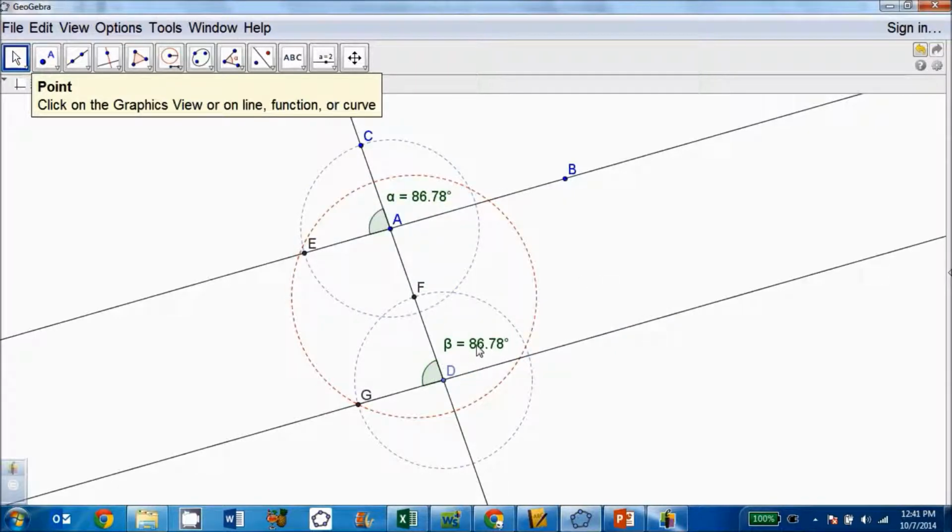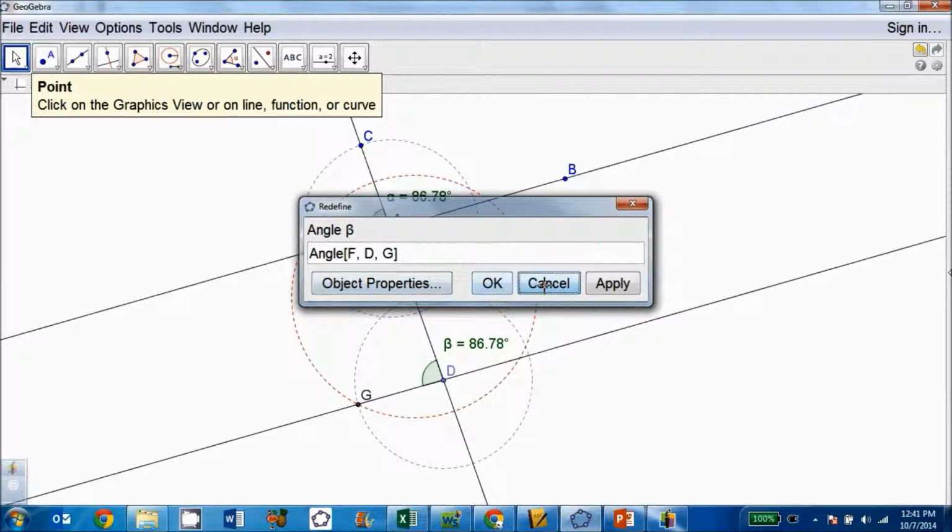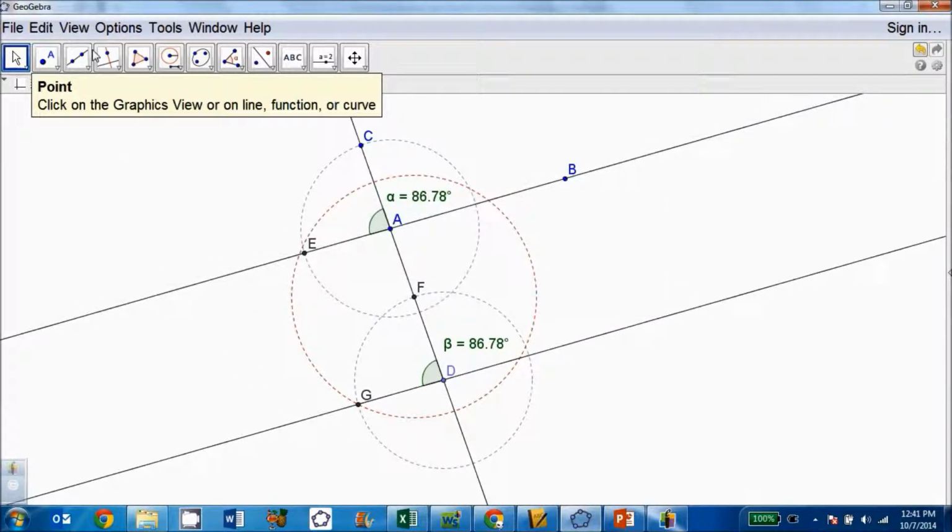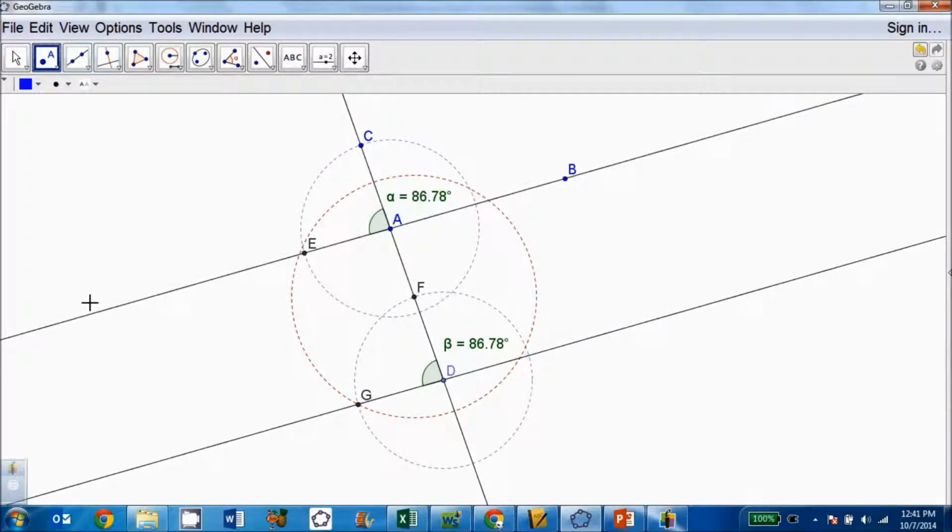Okay, so the next question is, are these lines really parallel? What we're going to do to prove that they are is place points on either side of the transversal, and I'm going to draw perpendiculars to one of the 2 lines. We know that perpendicular lines are the shortest distance between points.